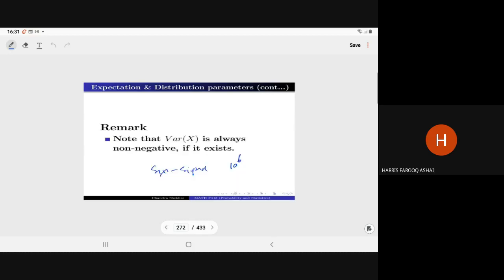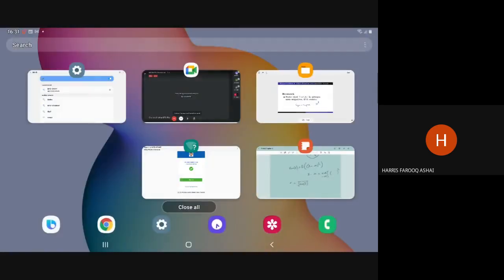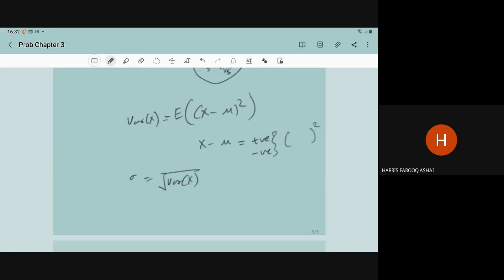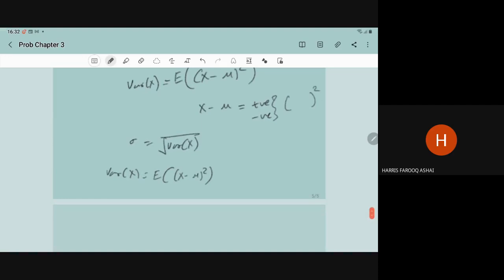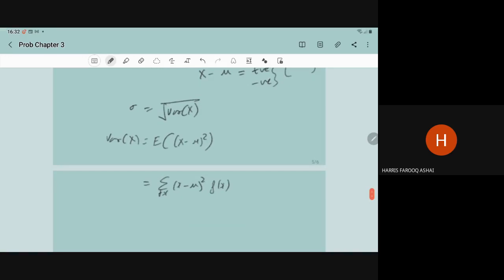What is the variance? Variance is the expectation of (x minus mu) whole square. By definition, it is the sum over all x of (x minus mu) whole square into f(x), right?